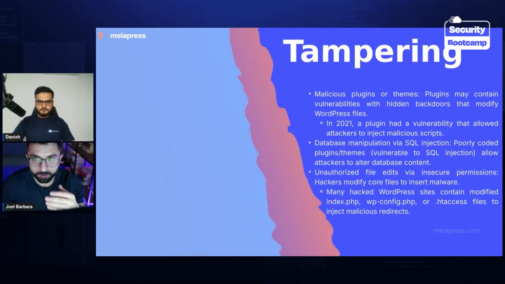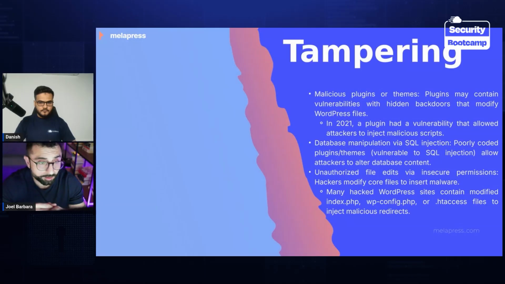How does tampering work in WordPress? Several ways. You can have malicious plugins or themes which contain a backdoor, modify the files, and then allow an attacker to gain access. The vast majority of plugin and theme developers do test their plugins and develop them in good faith.